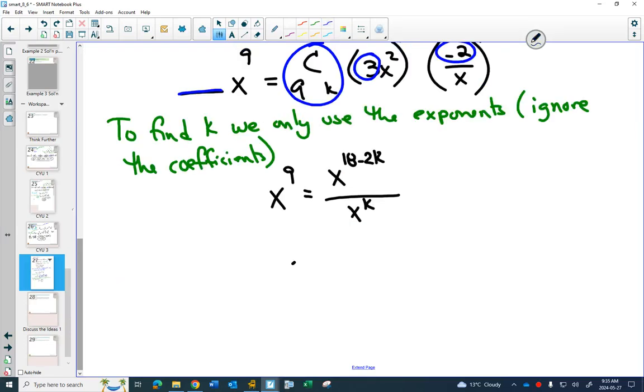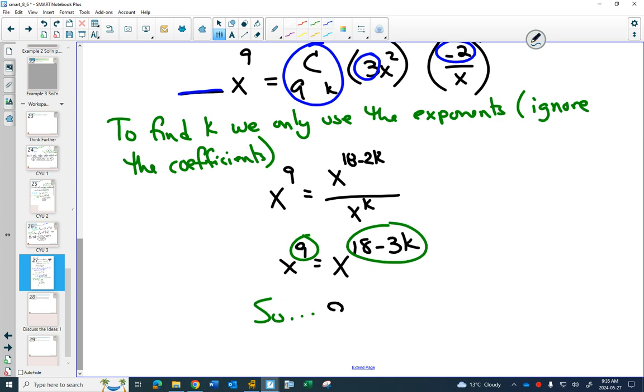Exponent rules tell me, and from here you'll be able to solve for k easily. We'll do some more of these.